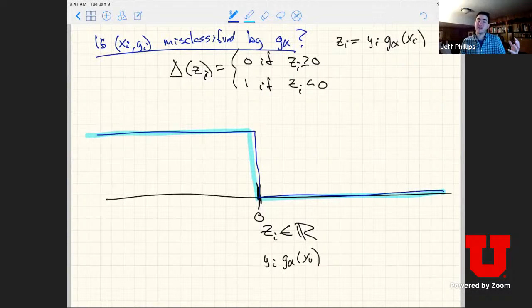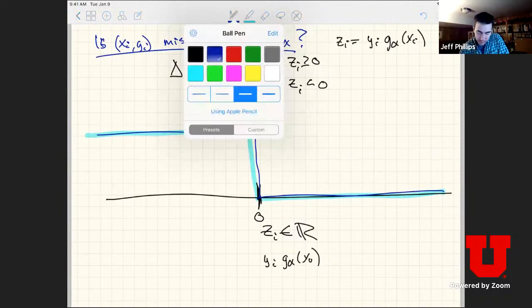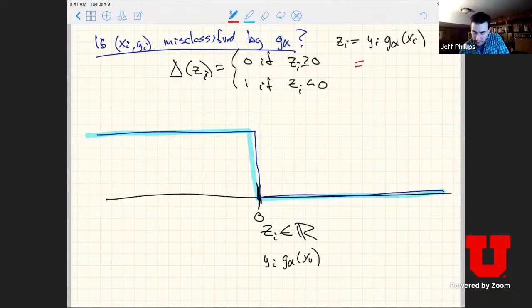Okay, and now we can see why this does not have a gradient in terms of alpha. So alpha is controlling z here. Remember, this is going to be equal to yi times the dot product of alpha and xi.